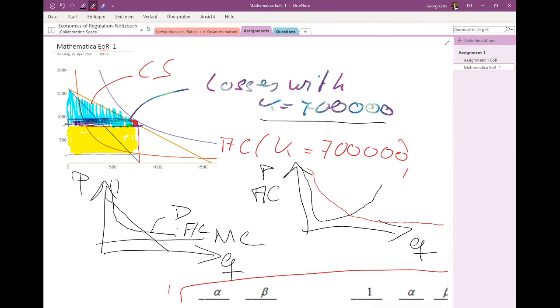I just have to look up, somewhere I have a Mathematica file. Here it is.